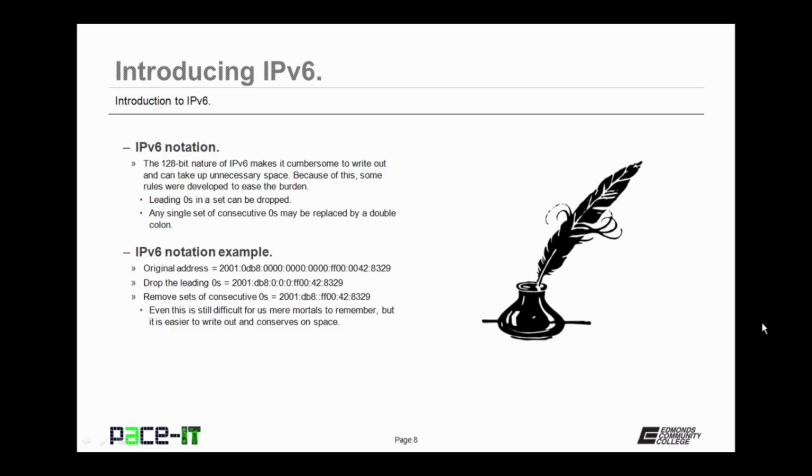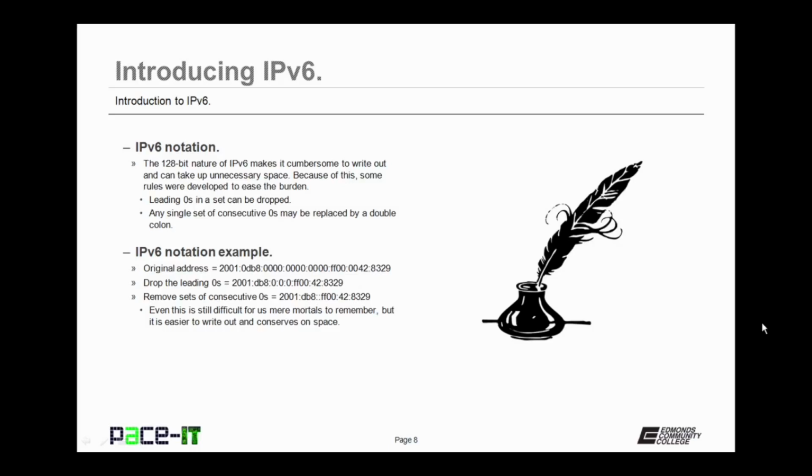This is the number that begins with the 2001 colon. We can then drop all the leading zeros. And there you see it's a little bit shorter. But we have three consecutive groups of zeros right there in the middle. Those can be replaced by the double colon. Now you can only use the double colon once.